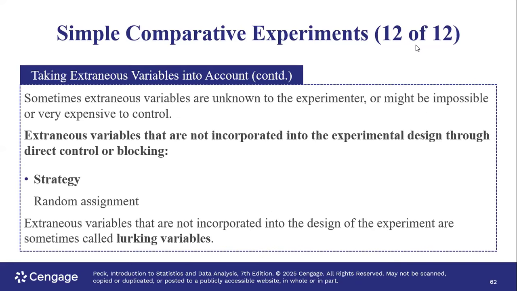Extraneous variables that are not incorporated into the experimental design through direct control or blocking. What do you do? Strategy in that case is randomly assign the students or the participants or the volunteers in the study in the two experimental groups. So all this time we are talking about random assignment. We are also talking about blocking. We are also talking about direct control of extraneous variable.